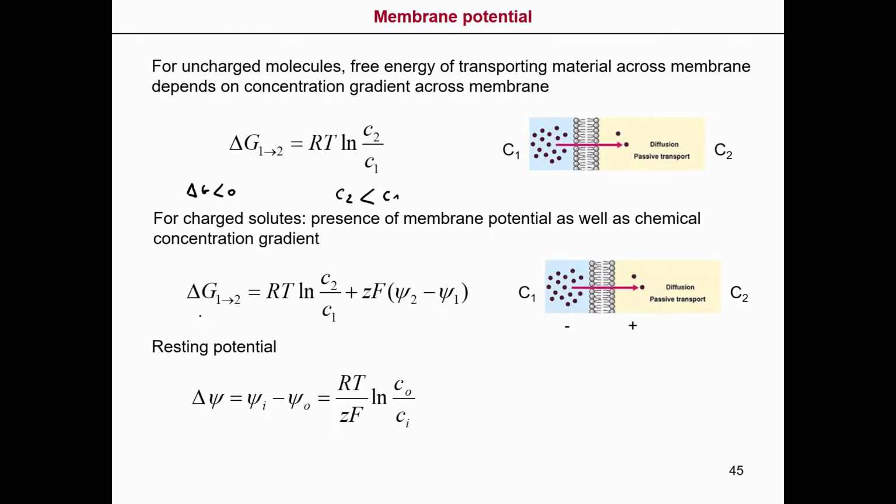So the delta G should also be negative to have something spontaneous. And the delta G, this time, is related to the chemical concentration gradient. This is this part, okay? But it is also because of the presence of the membrane potential.